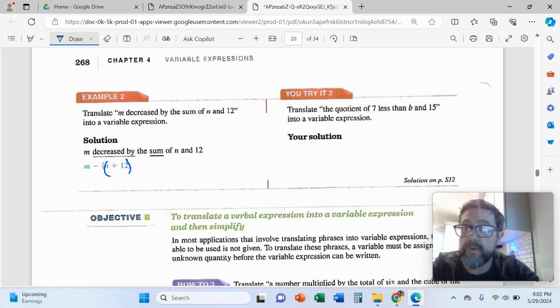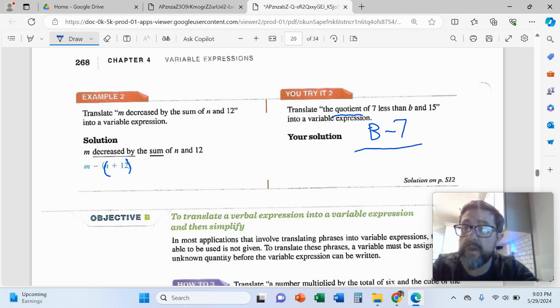Okay, so we're dealing with quotient. So we're going to translate the quotient of 7 less than b and 15 into a variable expression. So we go b minus 7, and it asks for the quotient, which means division.